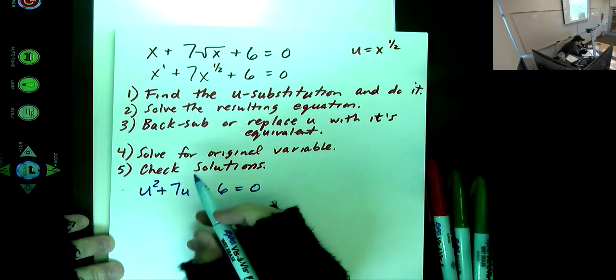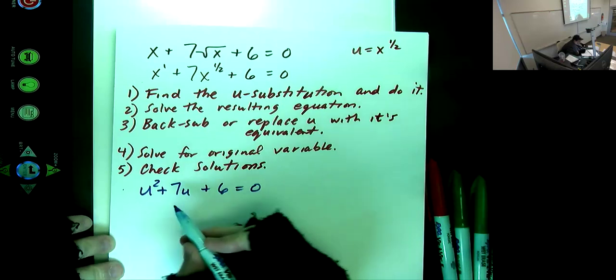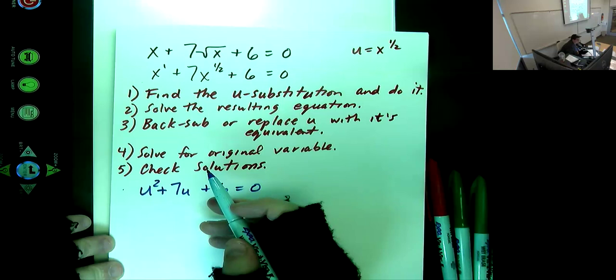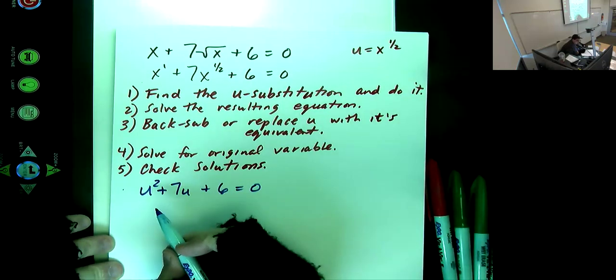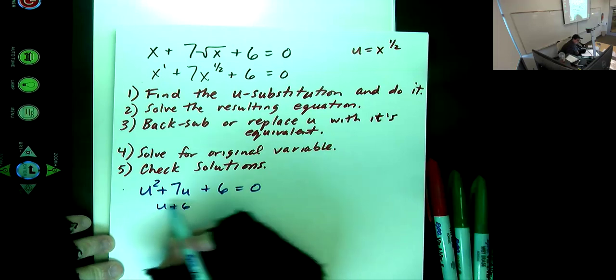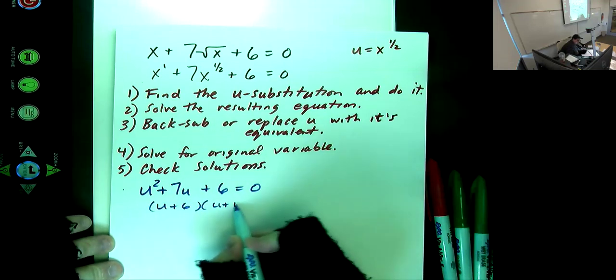Depending on how you go about solving it, if you use the quadratic formula or if you factor, I see that this factors, so I'm going to do it.